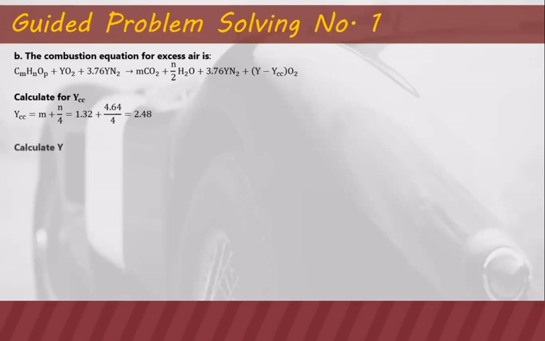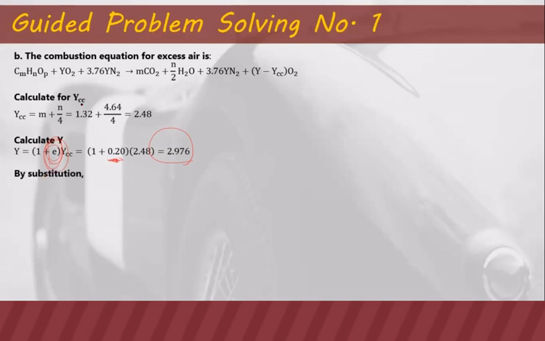And then y is equal to 1 plus e times ycc. Here e is the excess in decimal. The excess air is 20%, so we have 0.2. Then just substitute, and we have 2.976.